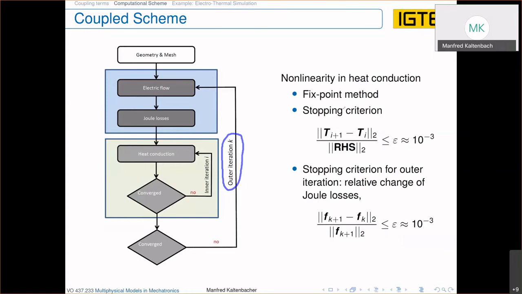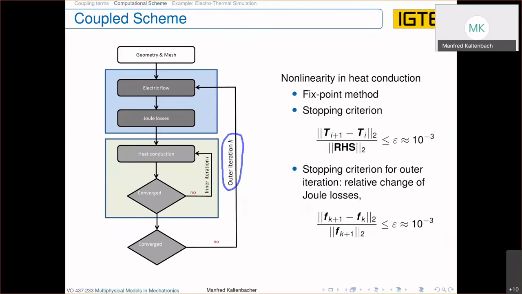And you see the stopping criterion, we cannot get the fully accurate solution. So we have to decide how often we do this iteration as shown here. And the standard stopping criterion is that we just look at the difference between the temperature we have just obtained and the temperature in the previous iteration and normalize it to the right hand side.